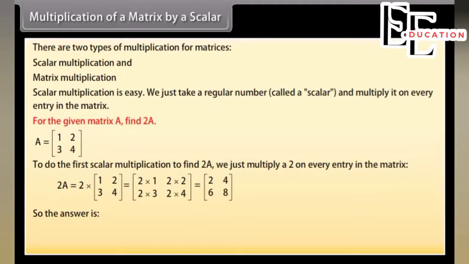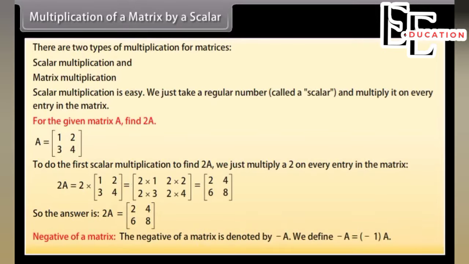So the answer is 2A is equal to the matrix with first row 2, 4, second row 6, 8. Negative of a matrix. The negative of a matrix is denoted by minus A. We define minus A is equal to minus 1 into A.